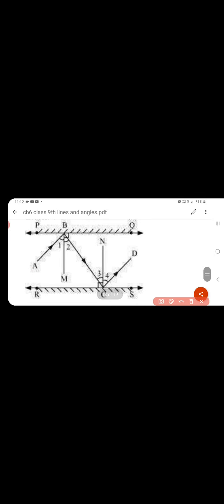So angle 3 is the alternate interior angle of angle 2. See the figure. This angle is the alternate interior angle of angle 3. So we can write it: 3 is the alternate interior angle of angle 2.